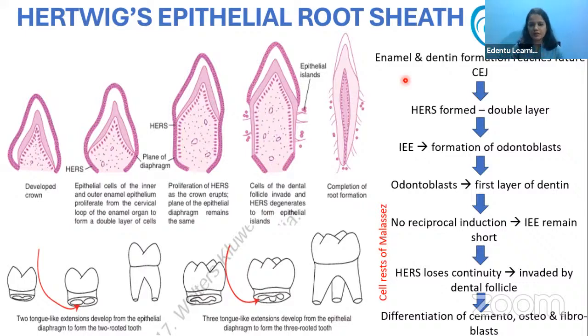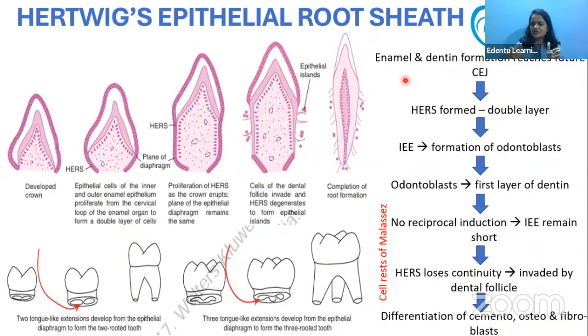So this is the general mechanism of root formation. There is Hertwig's epithelial root sheath, which has two layers of cells, the outer enamel epithelium and the inner enamel epithelium. It will start growing. At one point, the plane of the diaphragm will be forming, and the inner enamel epithelial cells induce the dental papilla cells to form the odontoblasts. These odontoblasts start forming the dentine.